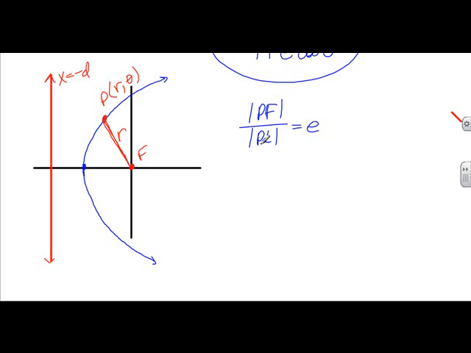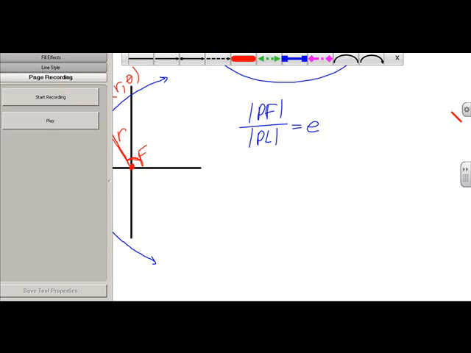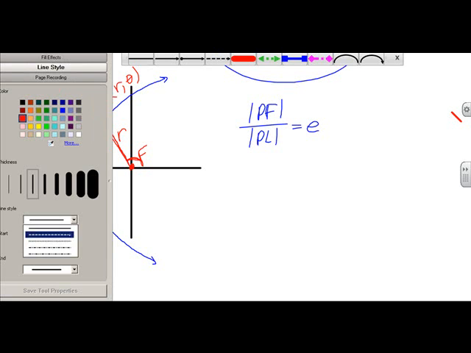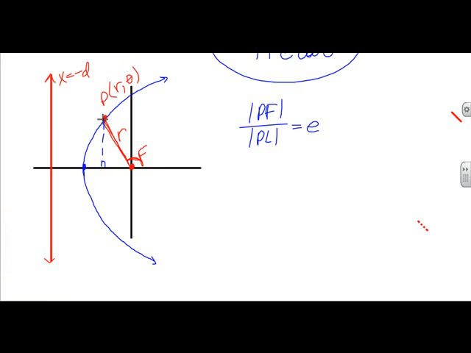This is the angle theta. Okay, and we're going to need that drop down. Okay, what am I missing? I need to show the distance from P to L. P to L would be right here. Okay, P to F is r.